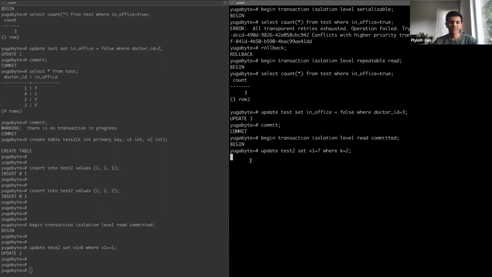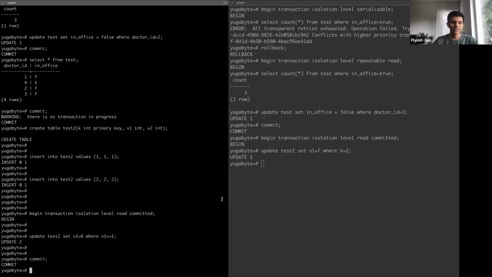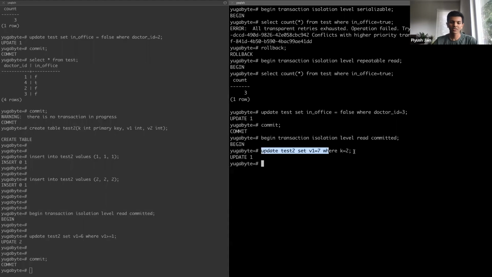Now, if you do this, right, it waits. It waits because it wants to write a conflicting entry. I mean, it wants to do a conflicting update. Now, as soon as I commit this, what happens is this transaction goes ahead, makes the update, and let's see the result.